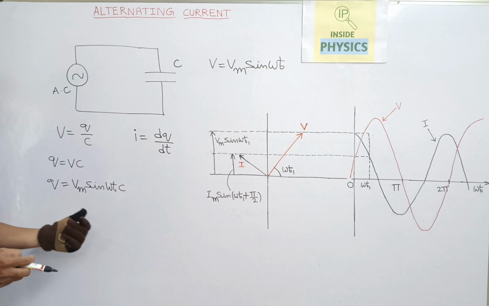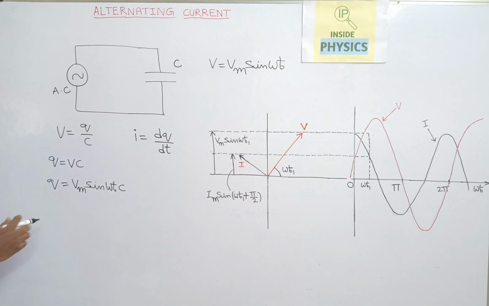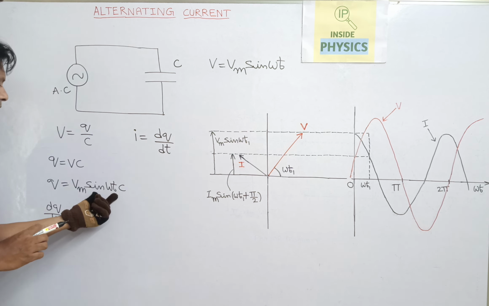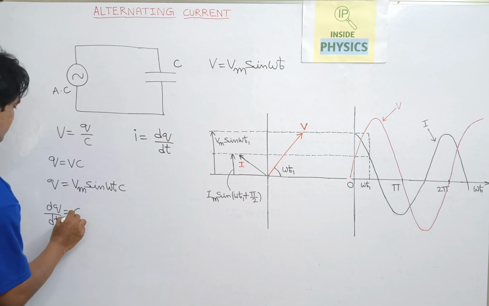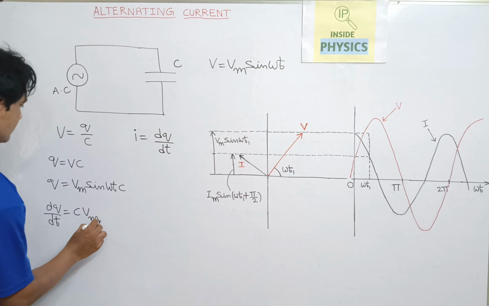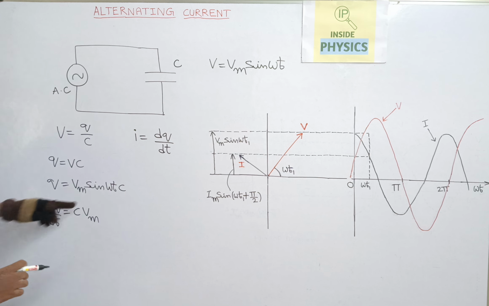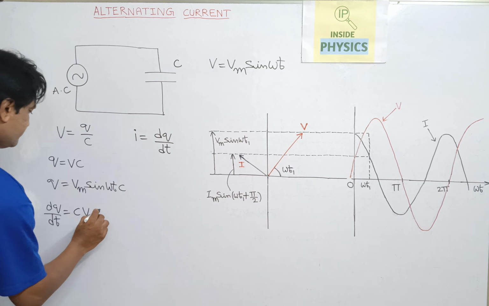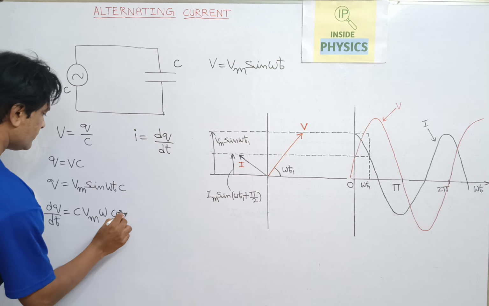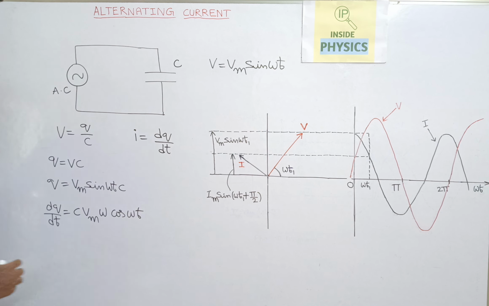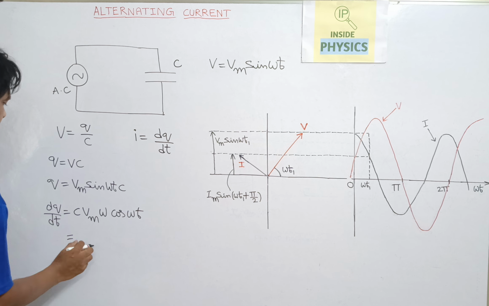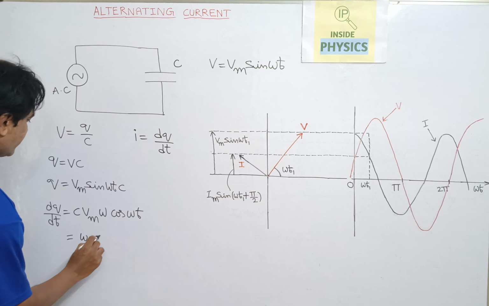So to get the current, we need to differentiate this. That means dq by dt is equal to C Vm omega, this will become cos omega t into omega, right? So here this term can be rearranged.